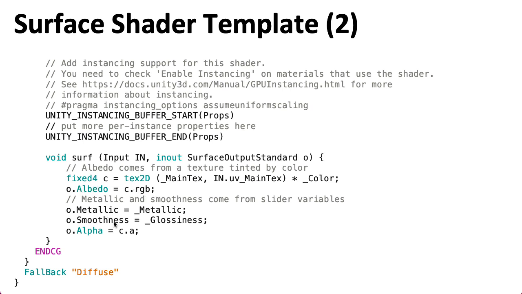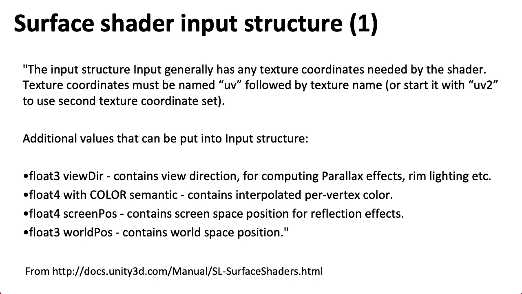The metallic and smoothness it gets from the sliders, and then the alpha it gets from the alpha channel of that main texture. And the idea is you could handle this a bunch of different ways. You could have textures that you use to define the metallic and the smoothness or whatever, or other kinds of sliders that do this, that, and the other operation. Now, the input structure in that example is fairly simple.